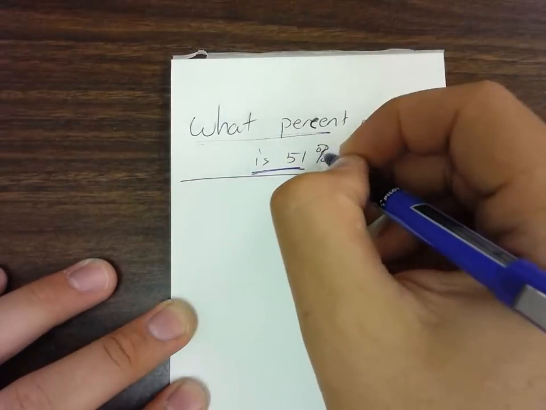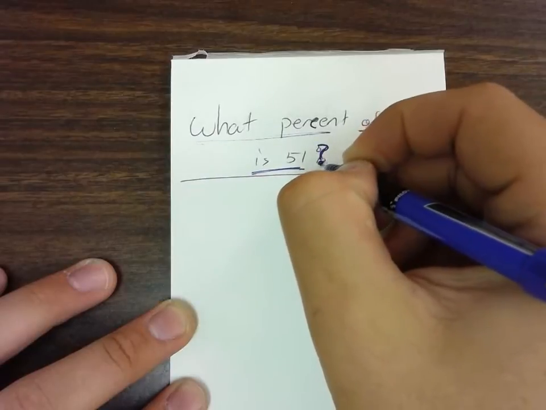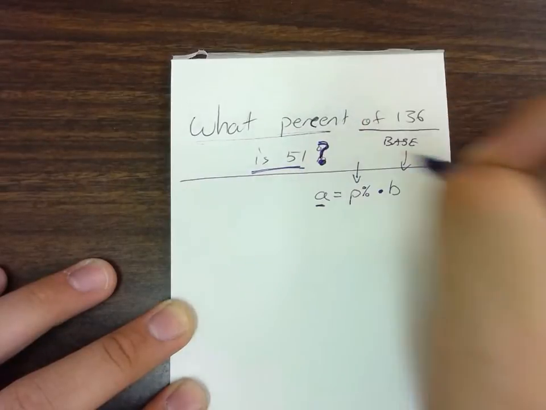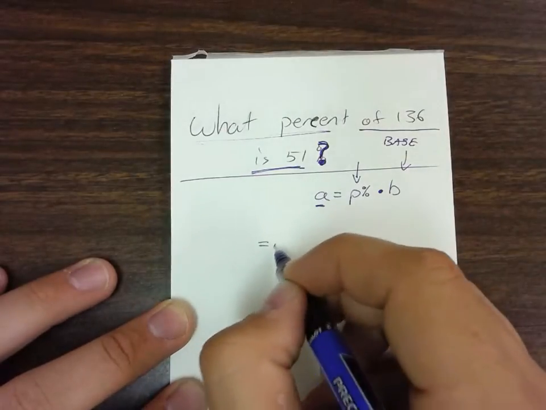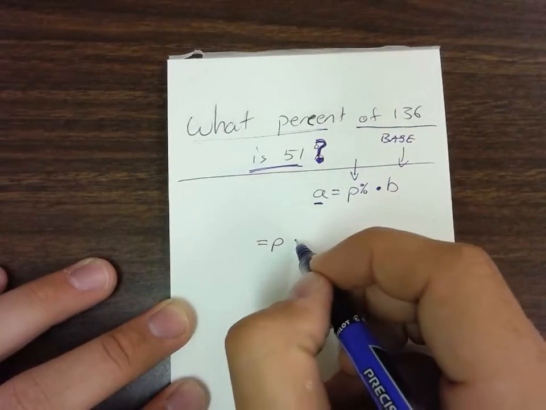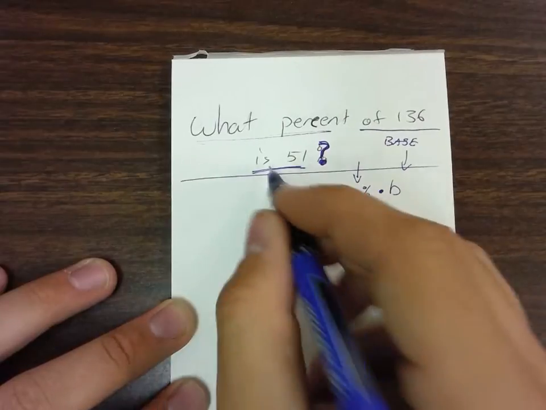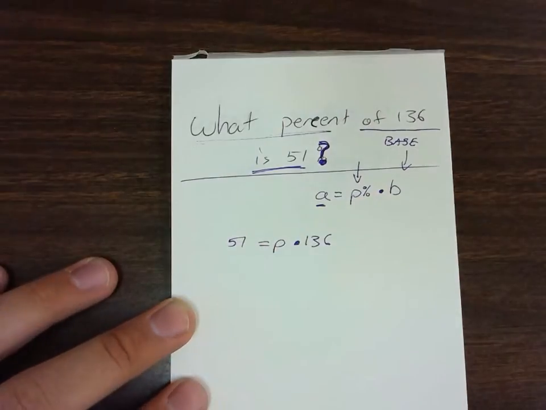This should be a question mark, not a percent sign. So what percent, that's going to be a P, of 136 is 51. So it should look like that. Part equals percent times the base.